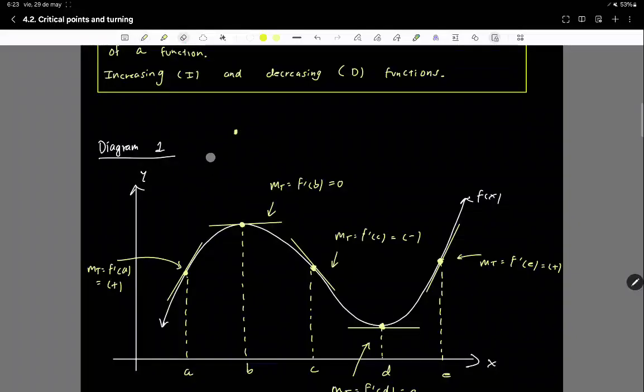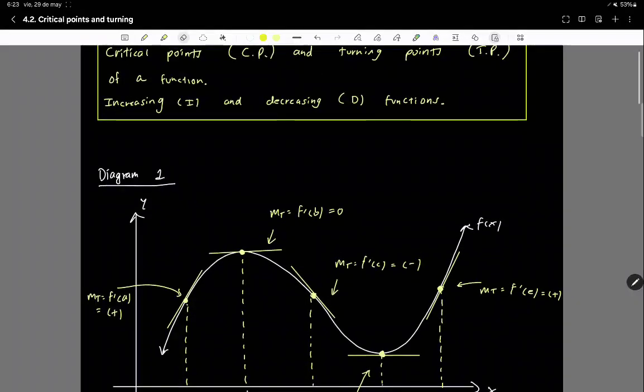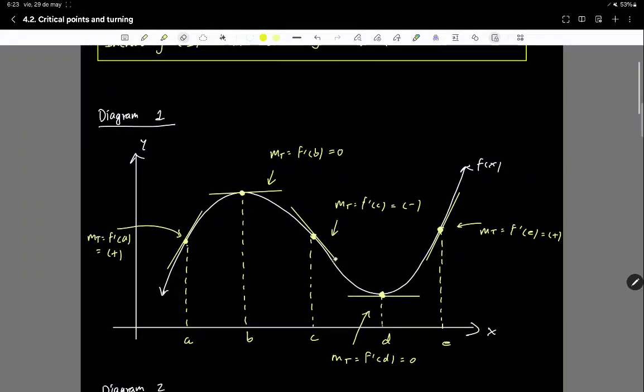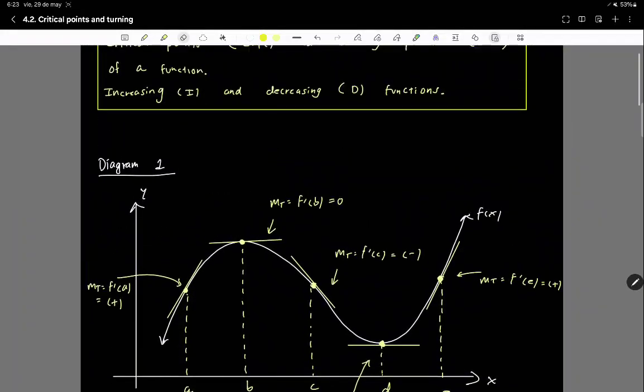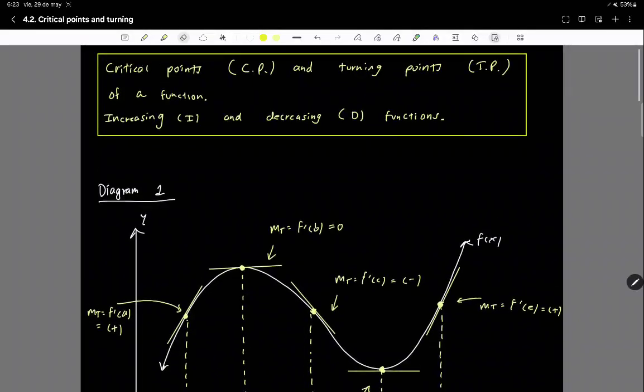So basically at this point here and this point here, the function changes direction from increasing to decreasing, or from decreasing to increasing. And we're going to call those points turning points, puntos de retorno, turning points, okay?